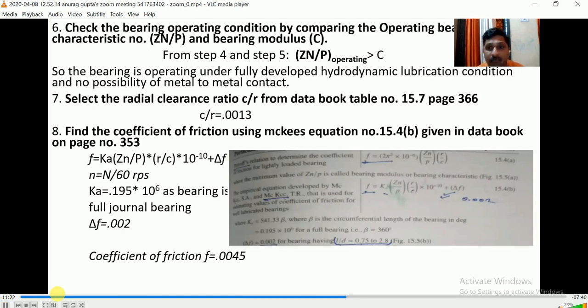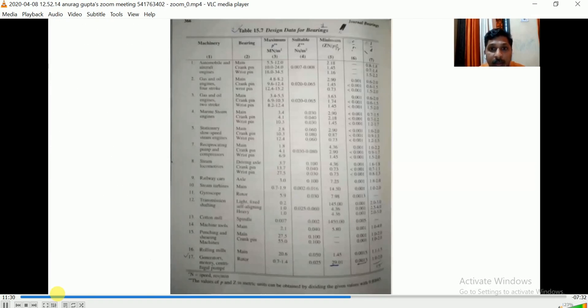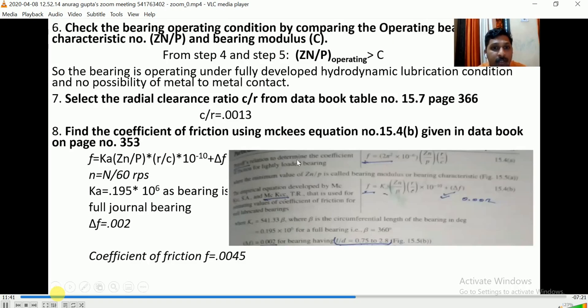We will go again to Table 15.7, page 366, and this C by R can be taken from here for the centrifugal pump; it is given as 0.0013. So we have taken it as 0.0013.